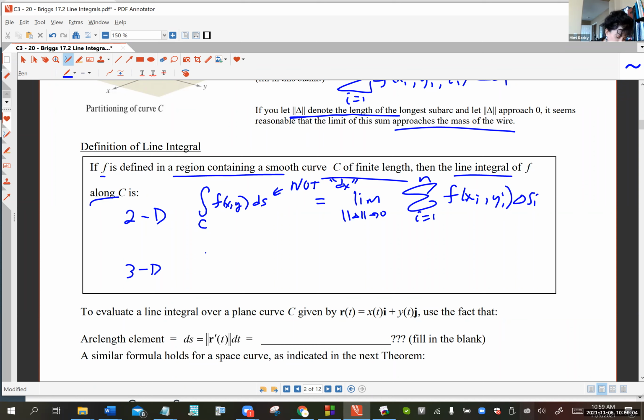And then the 3D version for line integral, you've got your integral symbol with a C. You'll have some density function, which is a function of 3 variables, ds, not dx. There's no i anywhere in here. You're going to have the limit as the norm of the partition goes to 0. i is just an arbitrary index you're using for your sigma.